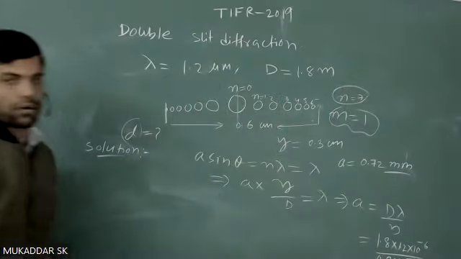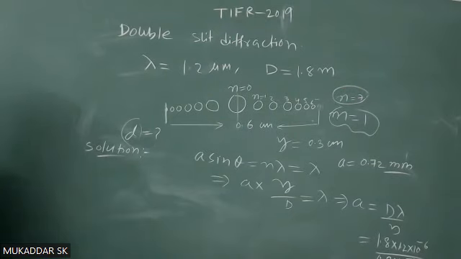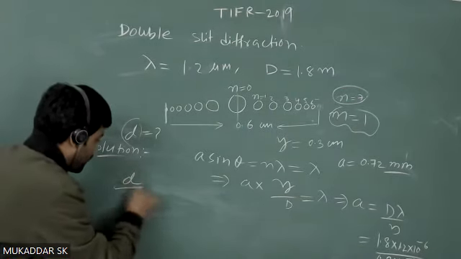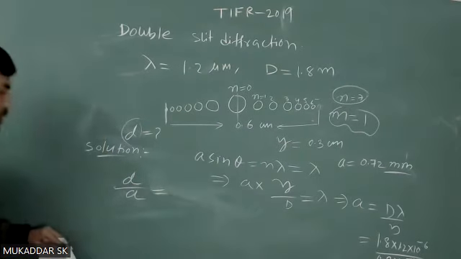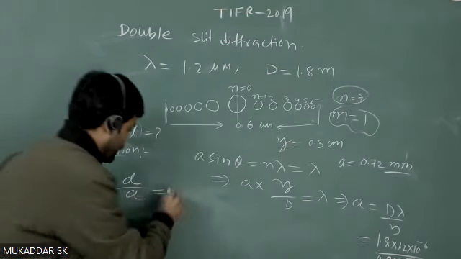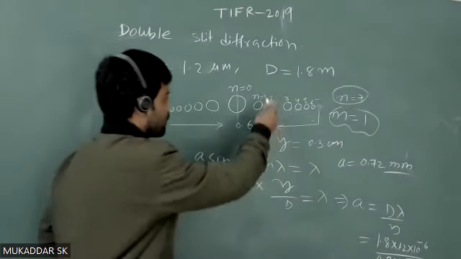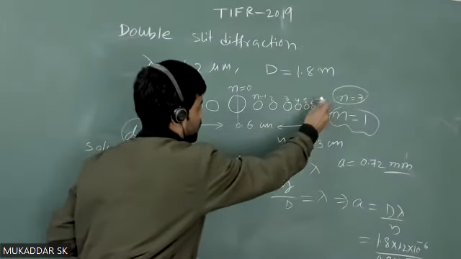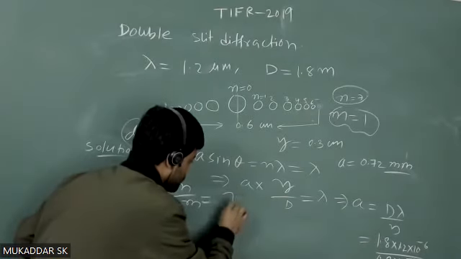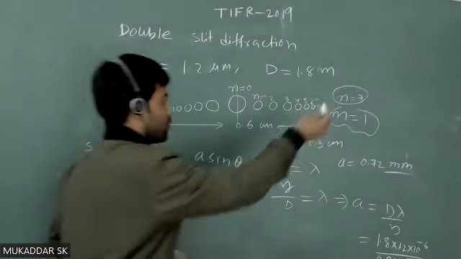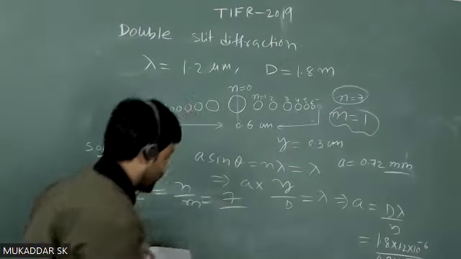So I'll use the condition of missing order, that is d by a equals n by m. Which order was missing? The seventh order was missing, so n is 7, and because of the first primary minima, m is 1.